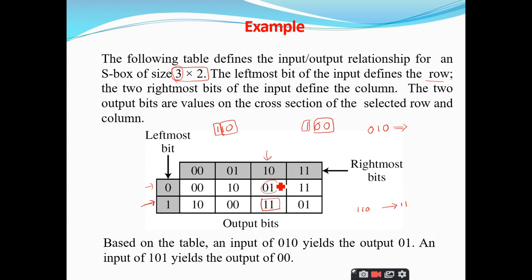You should take the leftmost bit as the row, and the remaining 2 bits 1 0 have to be taken from the column. So for the 0 1 0 combination we will be getting this 0 1, right? So is it clear?